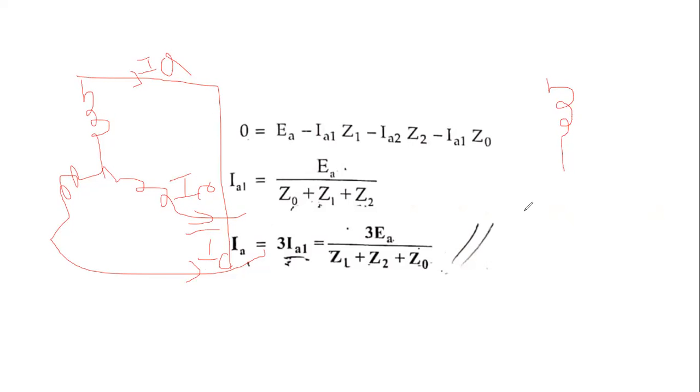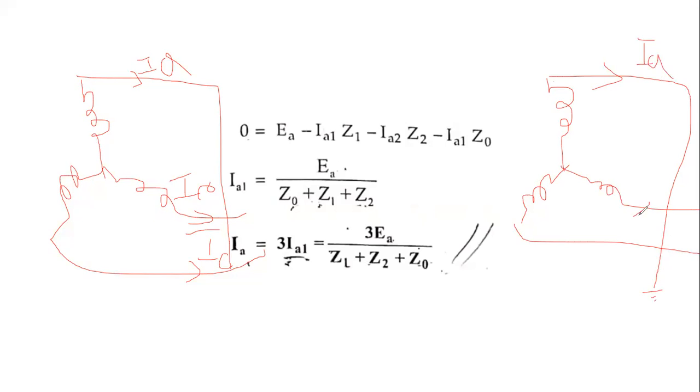That means this is the A phase, B phase, and C phase, with the currents IA, IB, and IC. So this is the triple line to ground fault, and this is the triple line fault.